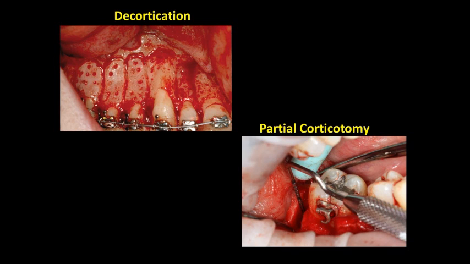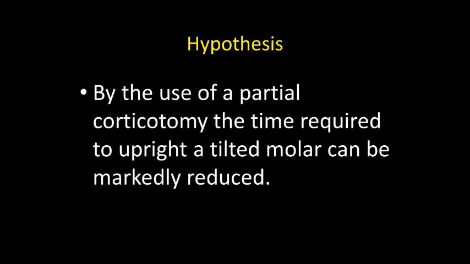Keeping that in mind, with the decortication, we think in terms of a partial corticotomy. And this is an actual cut through the bone, but it is a partial corticotomy, which will allow for the rapid accelerated phenomenon and the window of opportunity that the Wilco brothers pointed out.